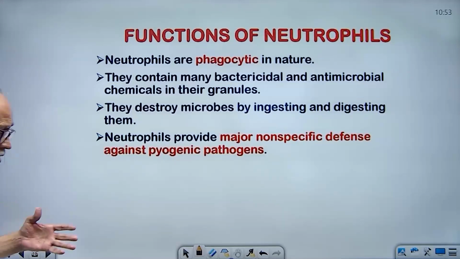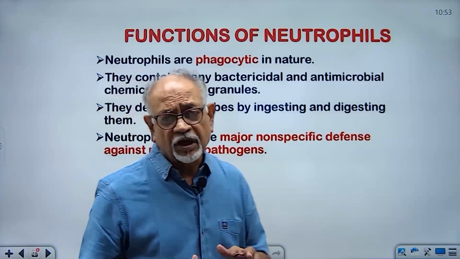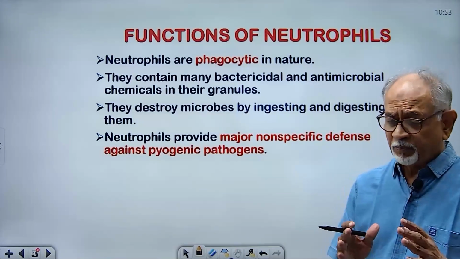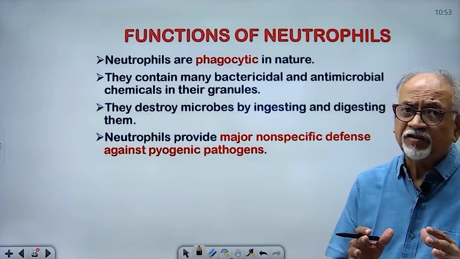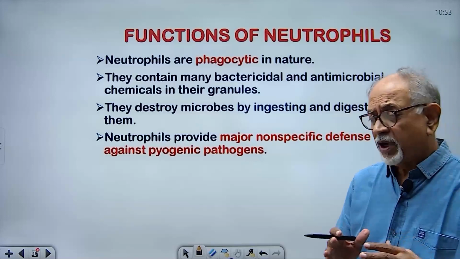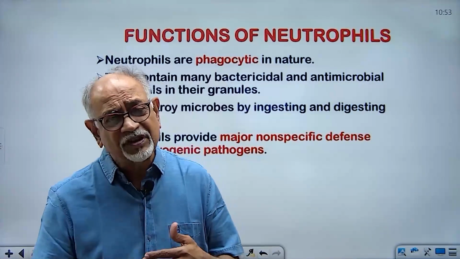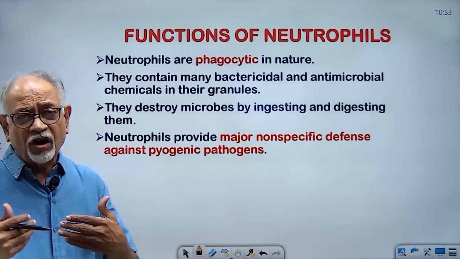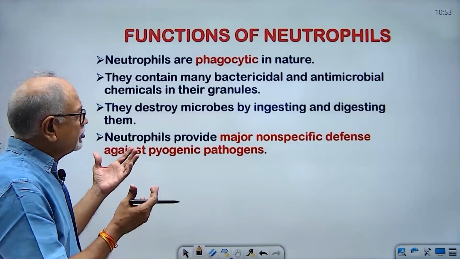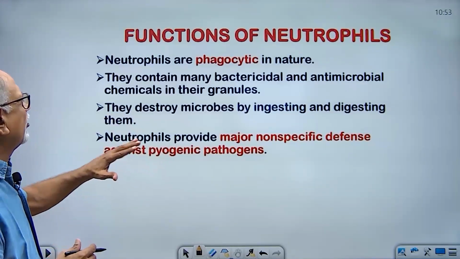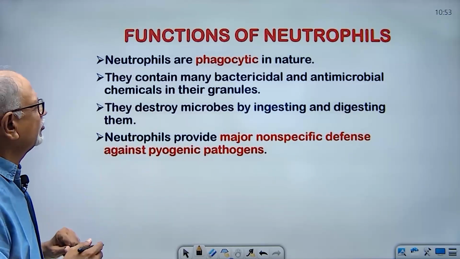Now, neutrophils are phagocytic in nature. They provide defense mechanism to our body by phagocytosis. That means they engulf the foreign pathogens or other materials into their cell body and digest them with the help of certain enzymes and chemicals.